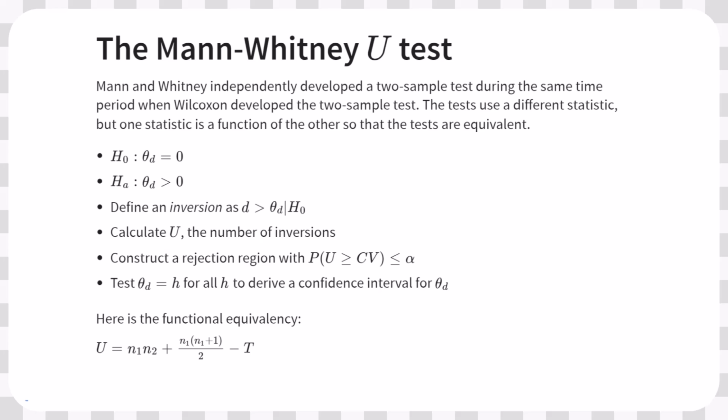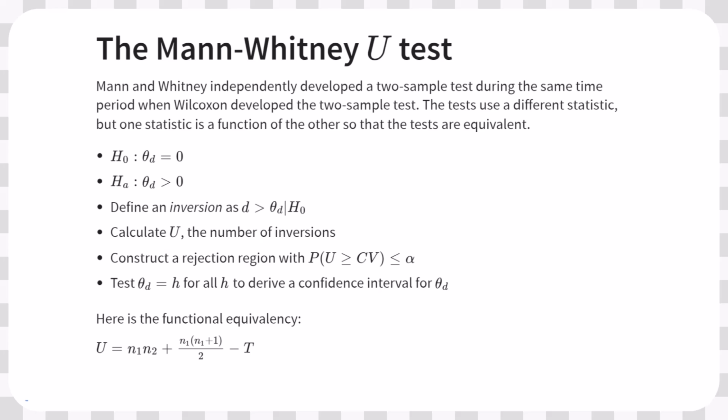Now for the confidence interval, we are going to invert that test. We are going to test that theta D equals H for all H, not just 0. We're going to plug in different values for H, and then those values that we retain will form a confidence interval. Now here's the functional equivalency that I mentioned before between the Mann-Whitney U and the Wilcoxon.